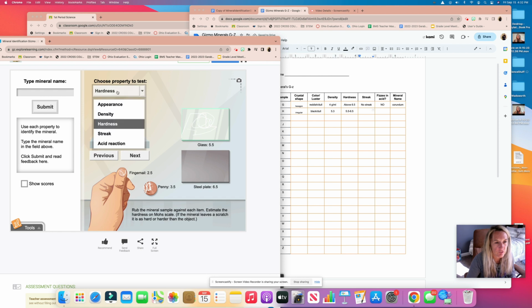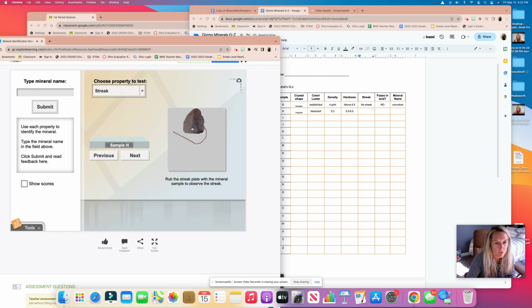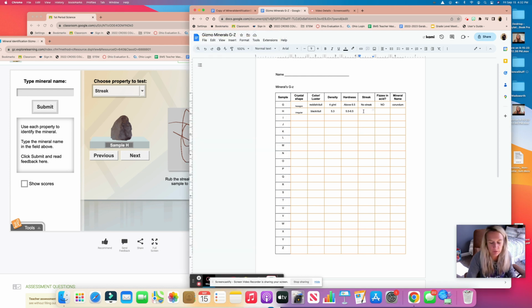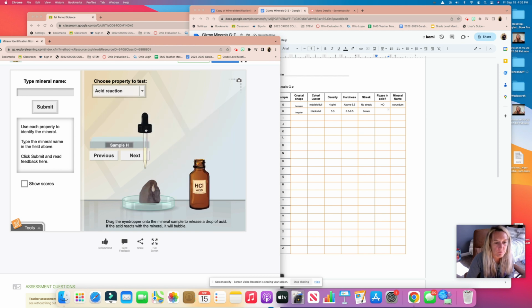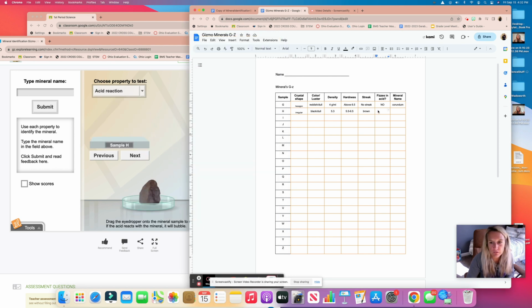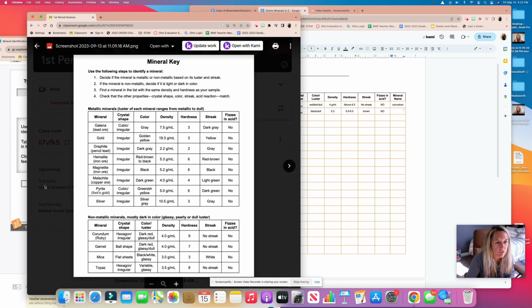All right, let's try the streak test. It streaks a brownish color, so I would put brown. All right, does it fizz with acid? No, it does not. All right, let's take a look at our different options here. So first we're going to find density of 5.3. There's one.